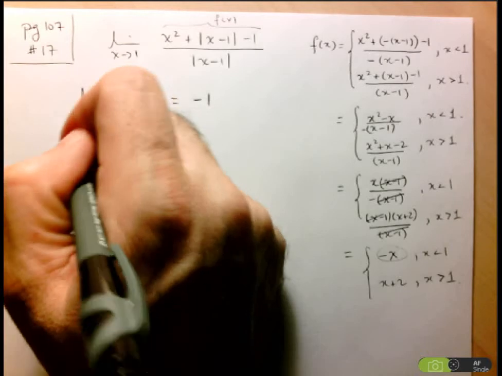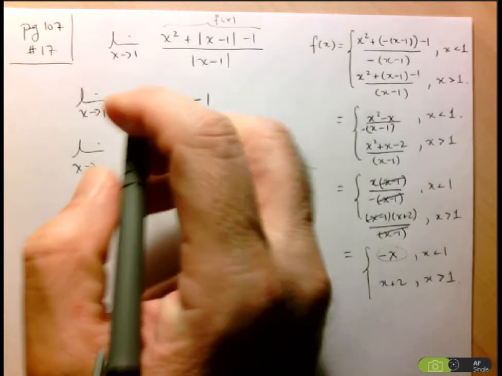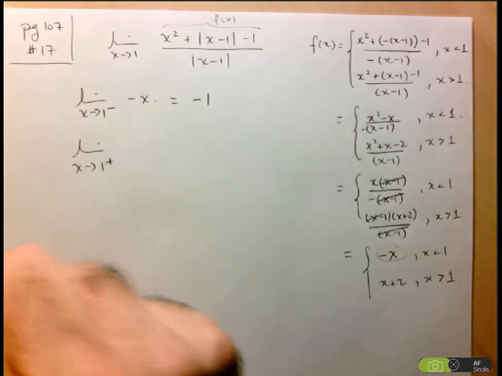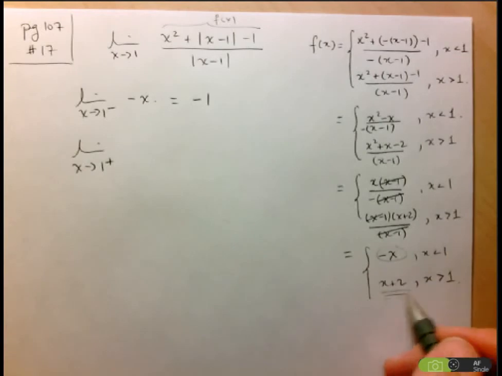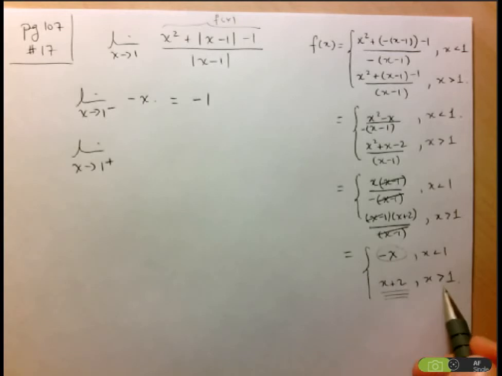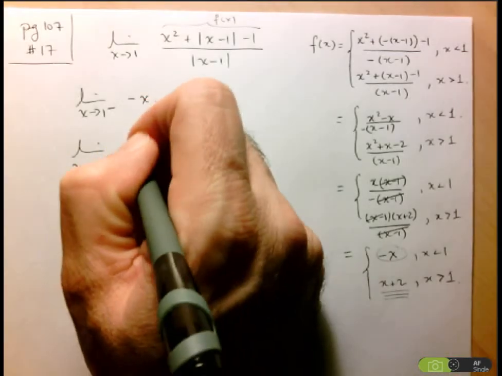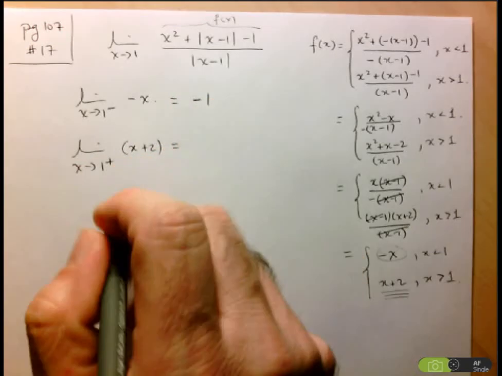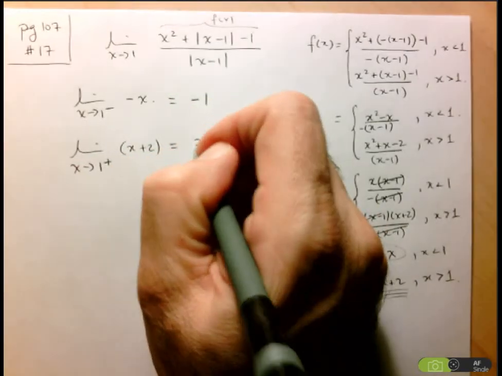But when I take the limit as x approaches 1 from the right, I now need to use this expression here, since that's the expression when the x values are to the right of 1. So here x plus 2, and we get 1 plus 2 is 3.